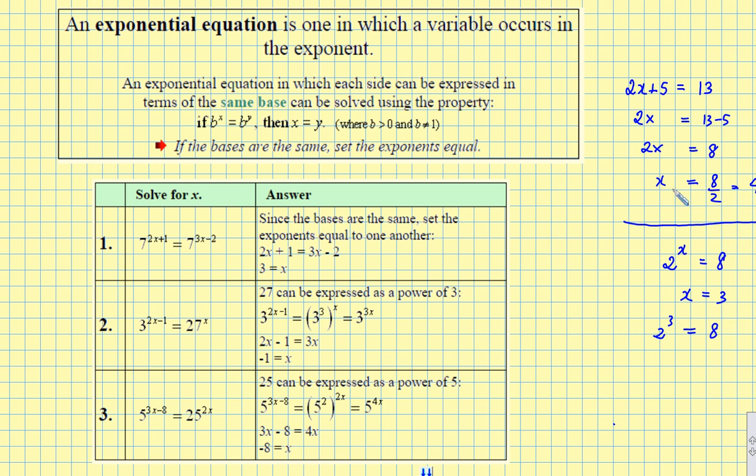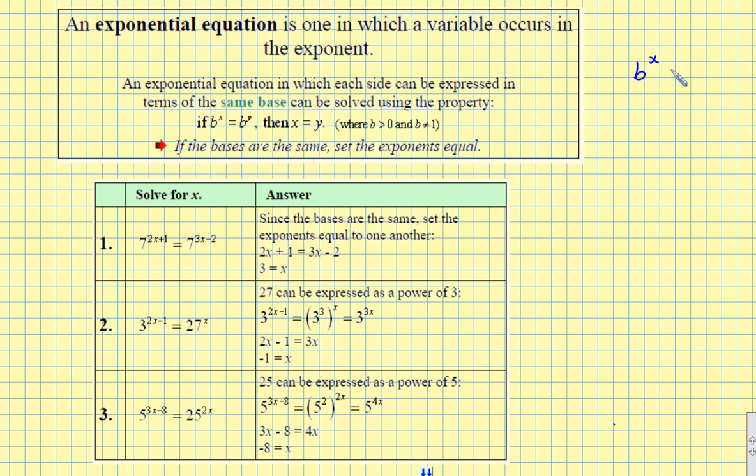Now, an exponential equation where each side can be expressed in terms of the same base can be solved using a specific property, and basically the property says this: if I have b raised to the power of x equaling b raised to the power of y, because my bases are identical across the equal sign, I can disregard those bases altogether and just say that x equals y.